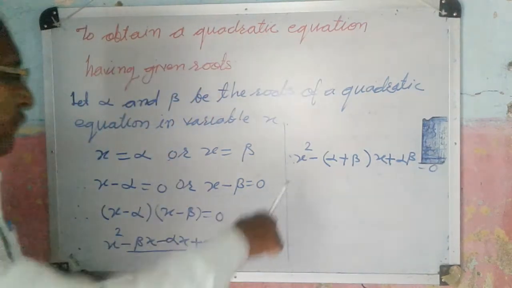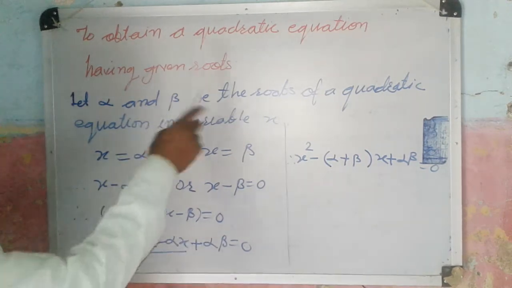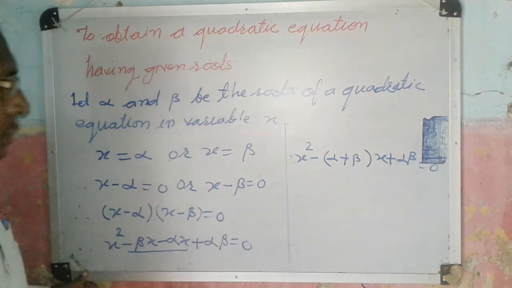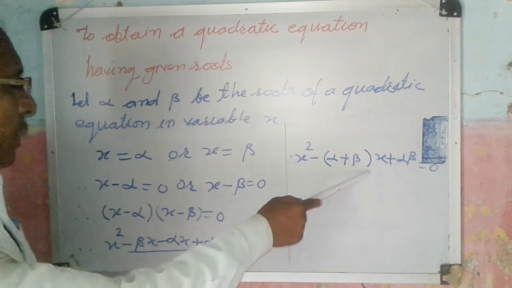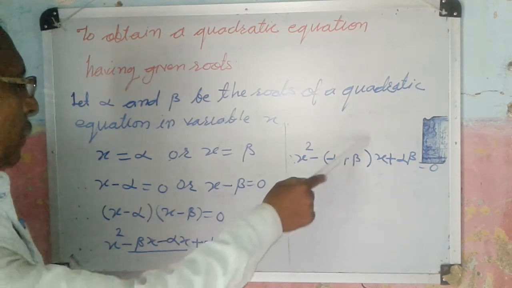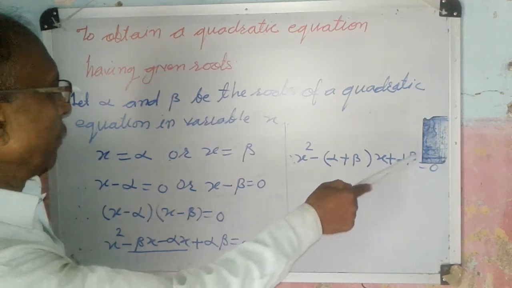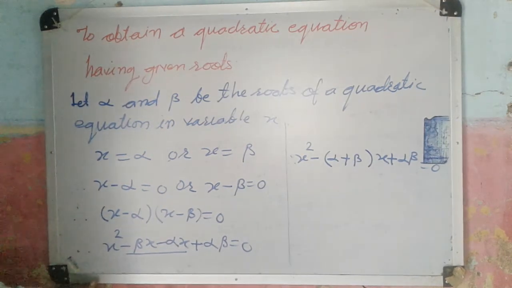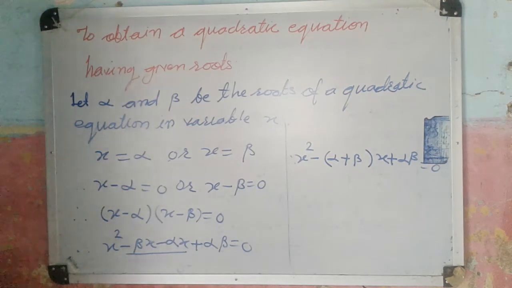So this is the formula we can use to obtain a quadratic equation when the values of alpha and beta are given: x square minus bracket alpha plus beta bracket complete, multiplied by x, plus alpha multiplied by beta. So using this formula you can obtain a quadratic equation.